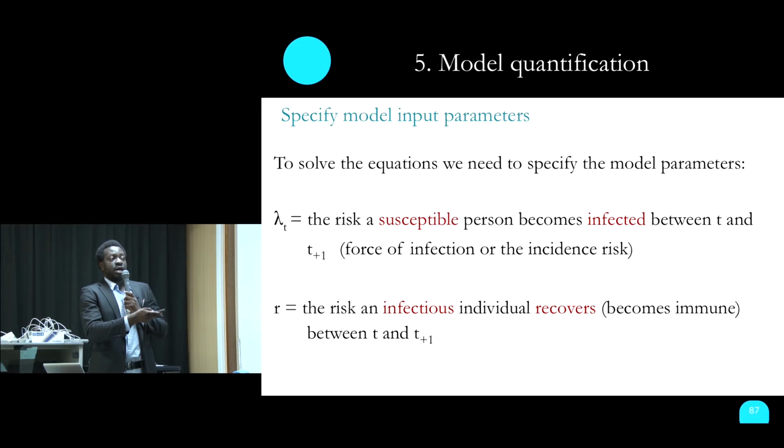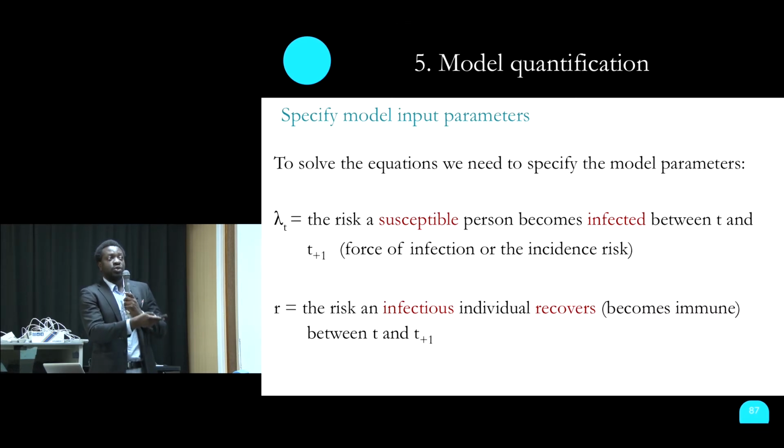For example, lambda t is the risk of a susceptible to become infected. You remember, they also call it the force of infection. We need to know the value of lambda t. R, which is the recovery rate, the risk of an infectious person to recover and become immune between t and t plus 1, we also need to know.